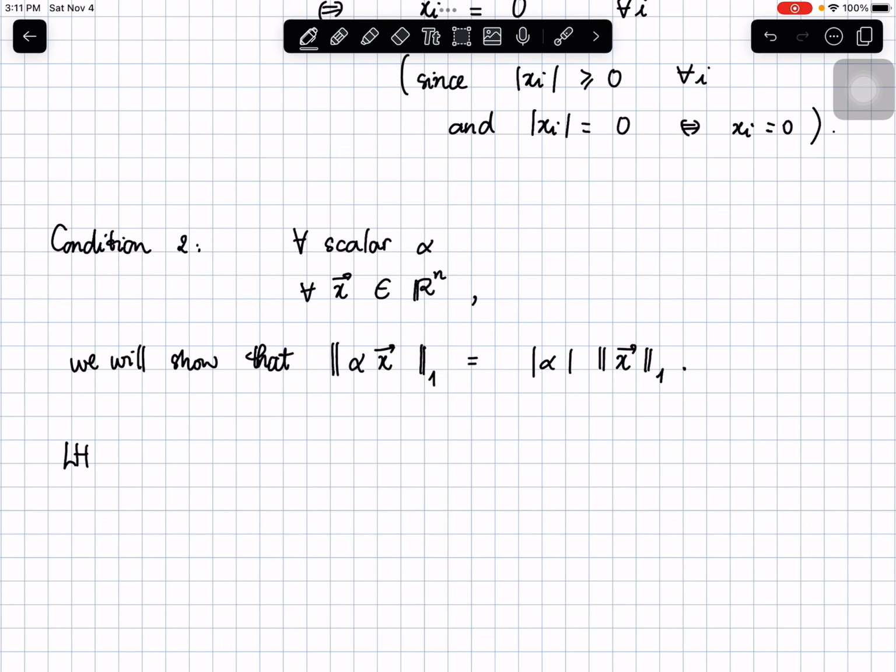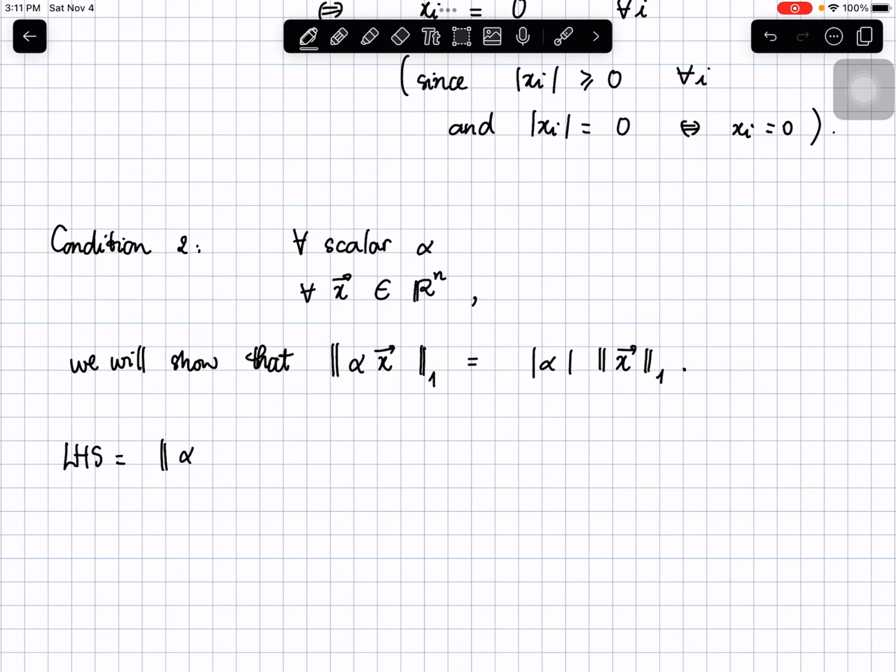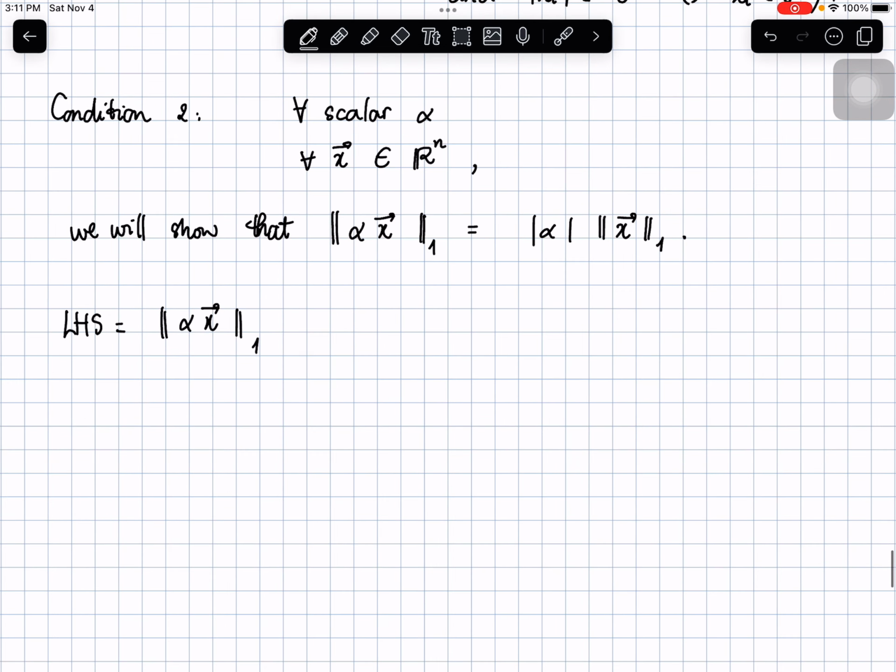The left hand side is norm 1 of alpha times x. So this is norm 1 of the vector alpha x1, ..., alpha xn transpose, because we work with column vectors only.